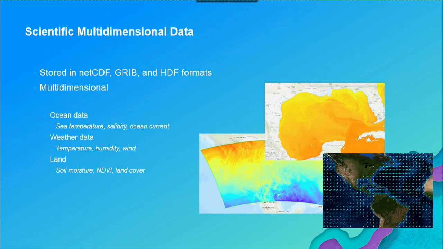If you work with some model results from NOAA or some other places, you may have worked with netCDF or GRIB. So it's there. And some of you may have used this data after it has been converted to shapefile or raster or something else, but it probably originated from one of these formats, right?